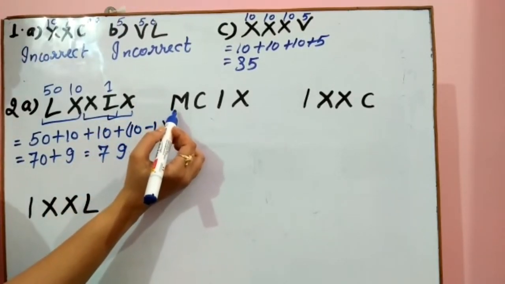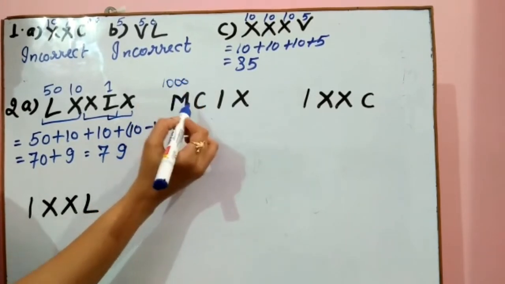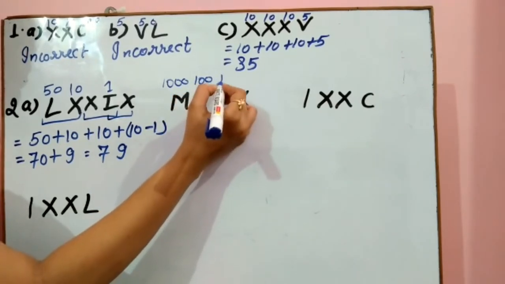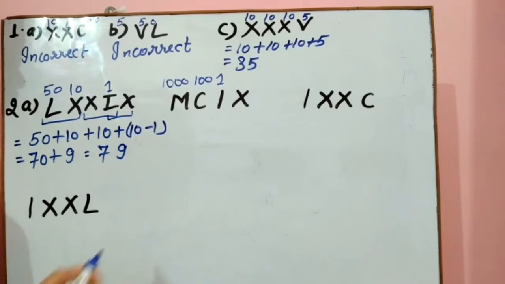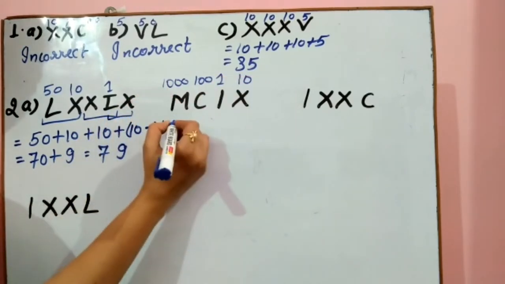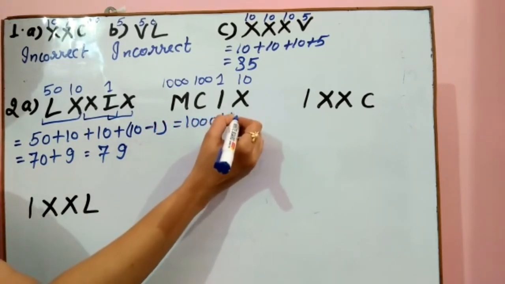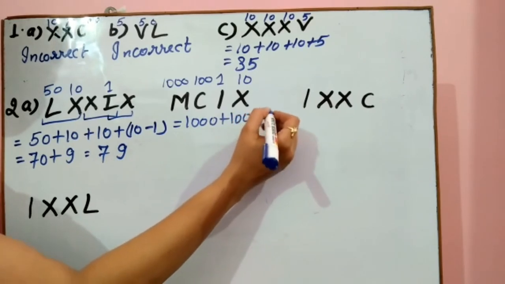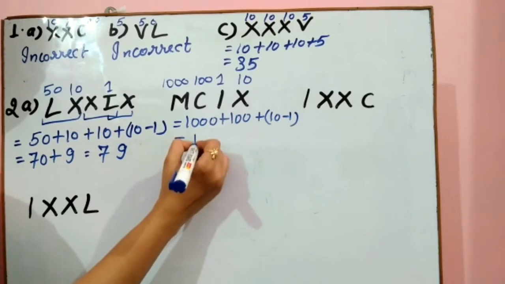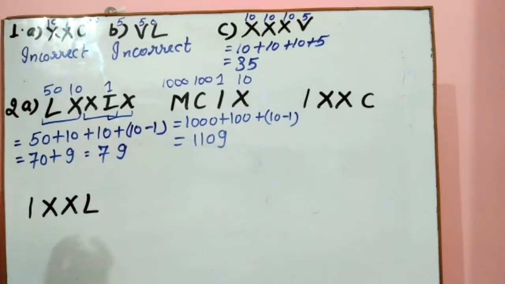Now, the value of M is 1000 and the value of C is 100. The value of I is 1 and the value of X is 10. 1000 plus 100 plus 10 minus 1 is equal to 1109.